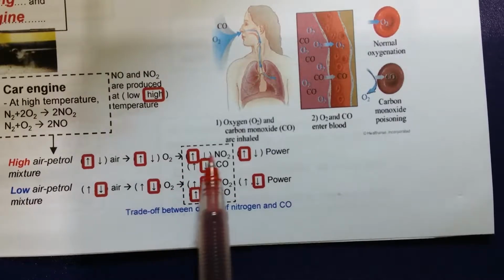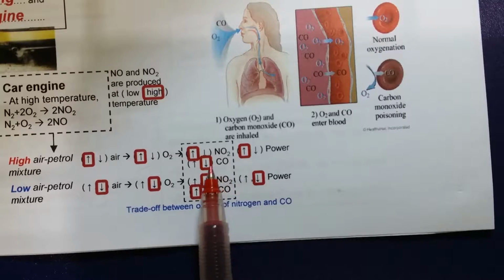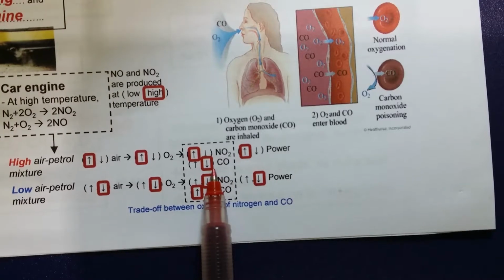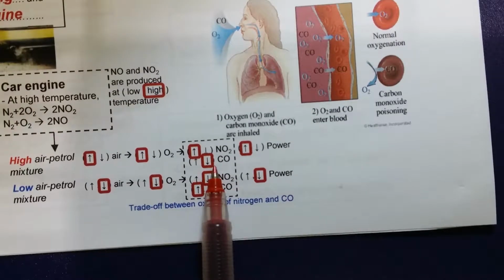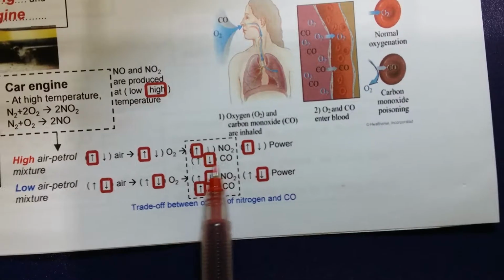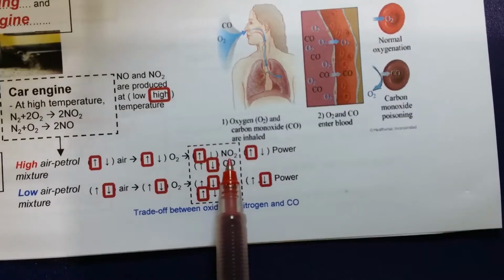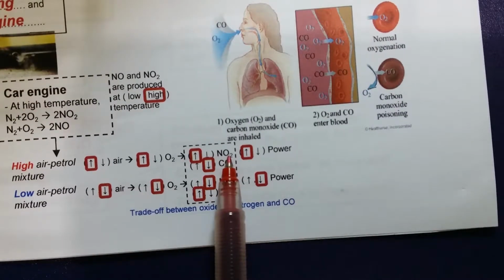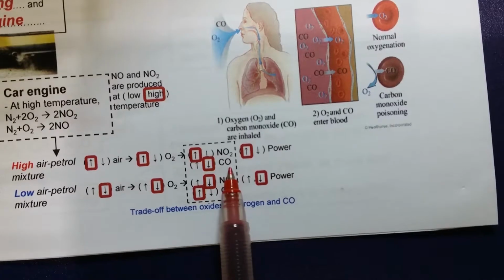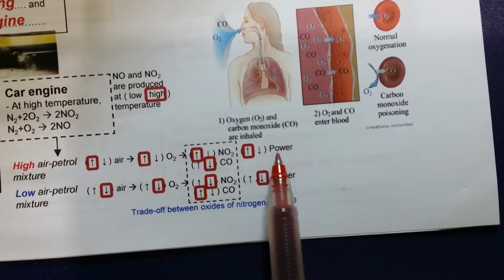So when there is complete combustion, very little carbon monoxide will be produced, because carbon monoxide is produced from incomplete combustion, whereby there is not enough oxygen. Okay, so in a high air petrol mixture, the result is a lot of nitrogen dioxide is produced, very little carbon monoxide is produced. And of course, for complete combustion, a lot of power will be generated.